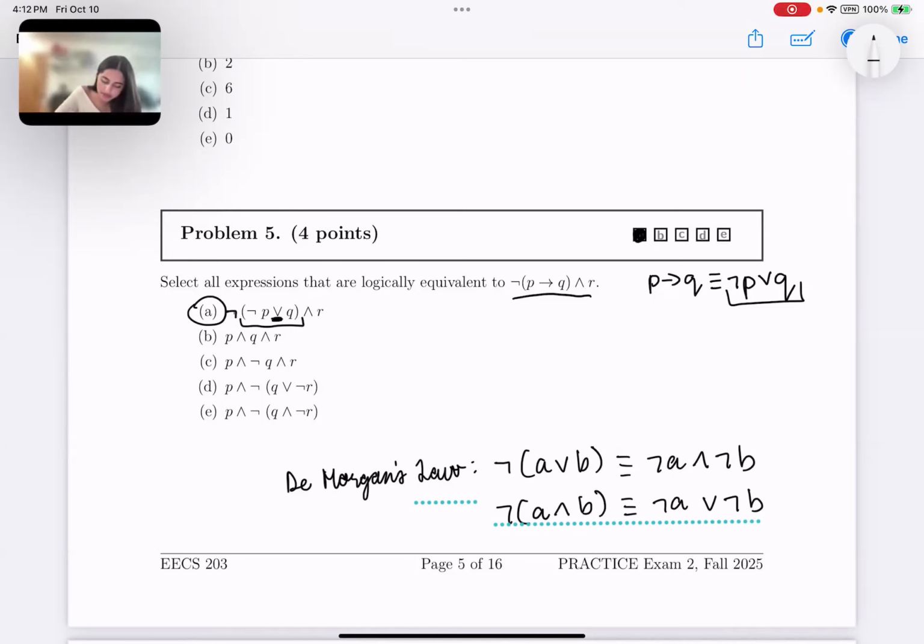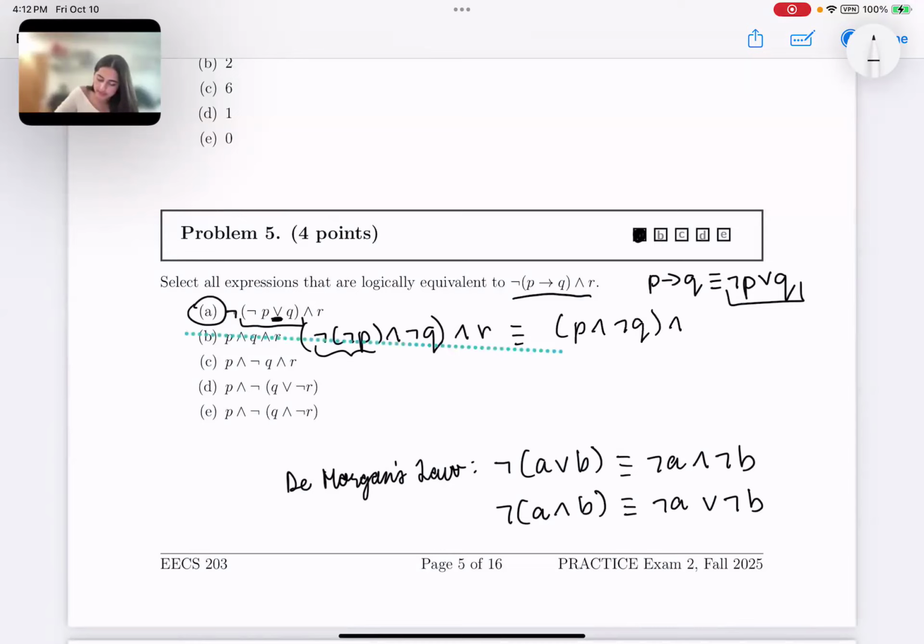So not (not P or Q) is just going to be not not P and not Q, and R. We have a double negation here, so that's just going to be equivalent to P and not Q and R, which by the associative property is just going to be P and (not Q and R). And so that is not answer choice B. However, it is going to be the same thing as answer choice C.